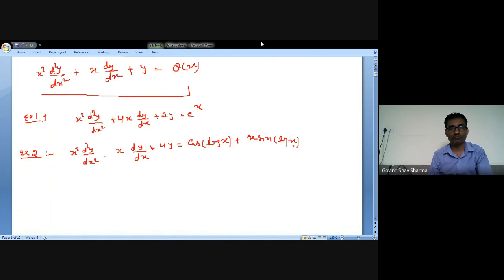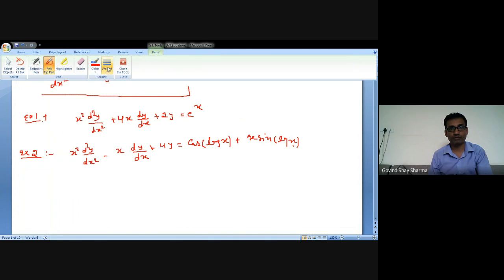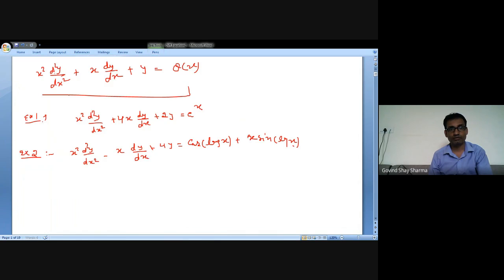Now we take the first one, then we go to the second. Solution first. See, the degree of the coefficient and the order of the derivative are the same.